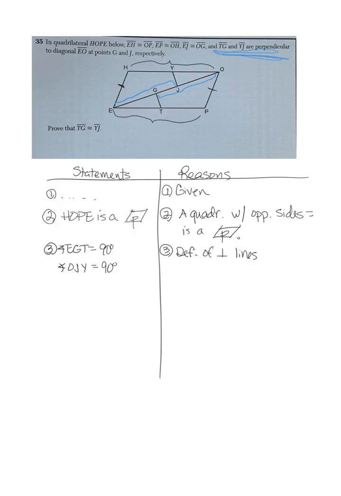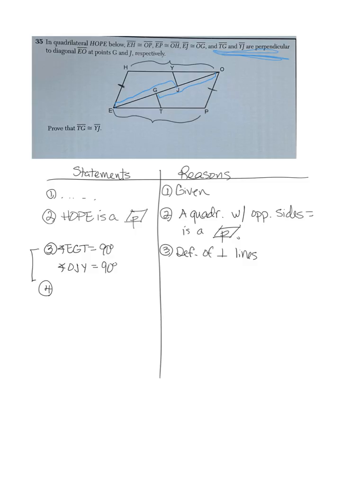That's huge. Okay. Now, hopefully you learned that obviously, if this is 90 degrees and this one's 90 degrees, they equal each other, right? I mean, that makes sense, but you have to state it in a proof. You can't just assume that whoever's grading your paper knows that you know that. So these two steps are like a package deal.